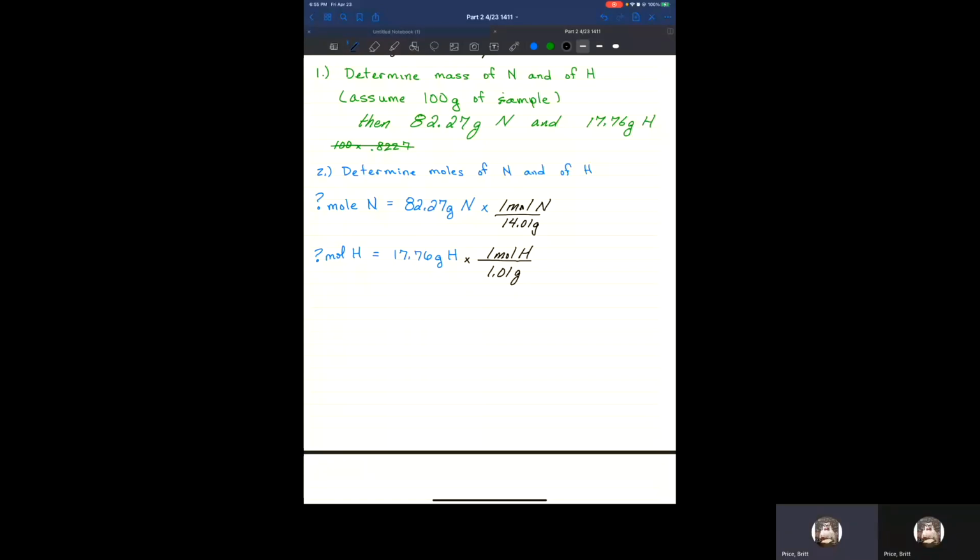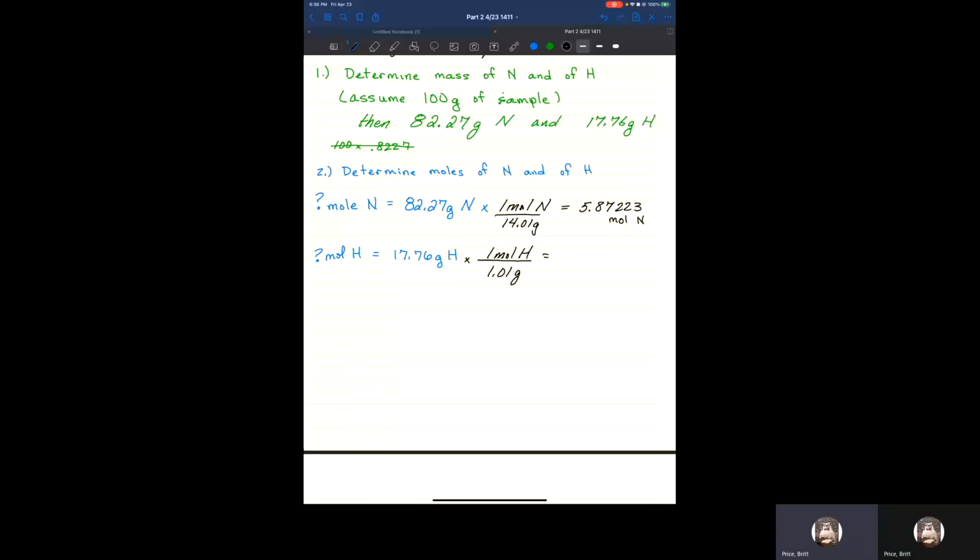So now I can just do my division. 82.27 divided by 14.01 equals, whoops, let's try that again, 5.87223 moles of N. And here I have 17.76 divided by 1.01.